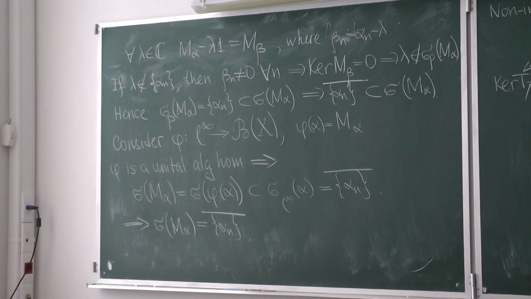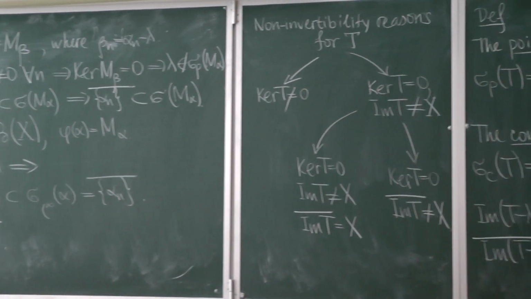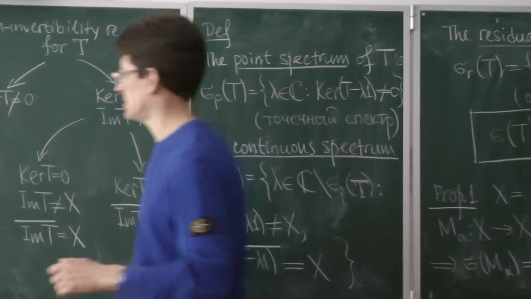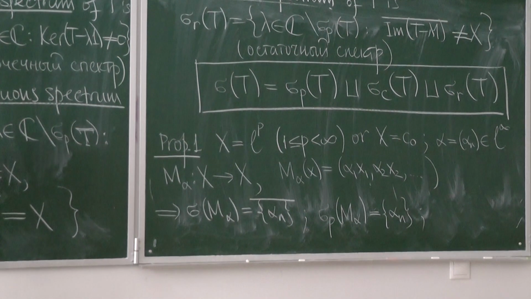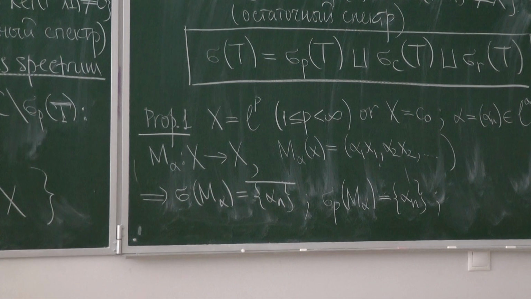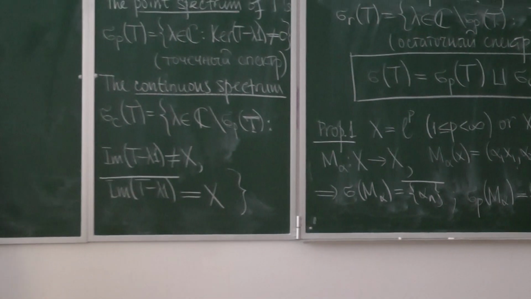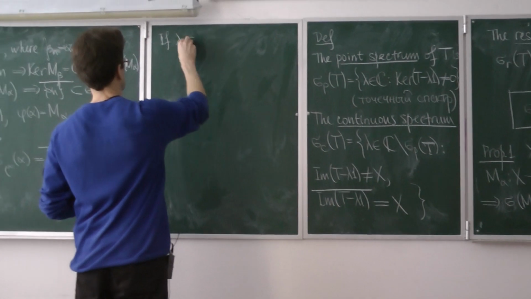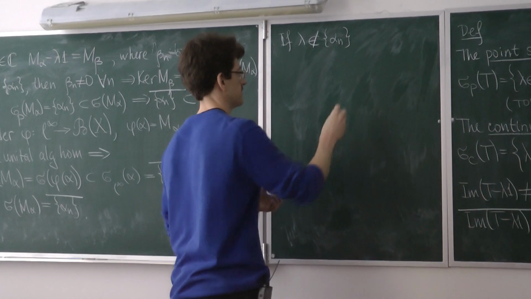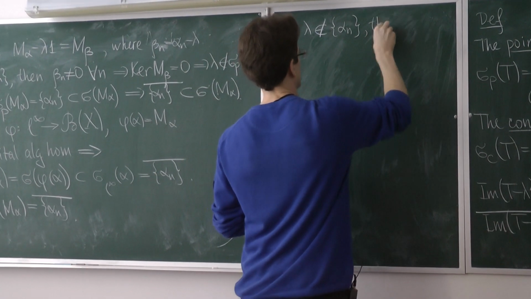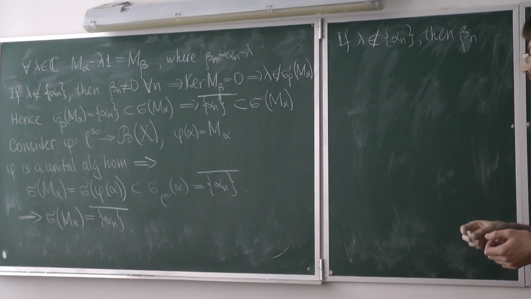Okay, so we now know that the spectrum is the closure of the set. The point spectrum is exactly the set of all elements in the sequence. So the final step is to show that all elements in the spectrum which are not eigenvalues are in the continuous spectrum. Indeed, if lambda is not in the point spectrum, that is, lambda is not an element of our sequence, then again all elements beta n are non-zero.